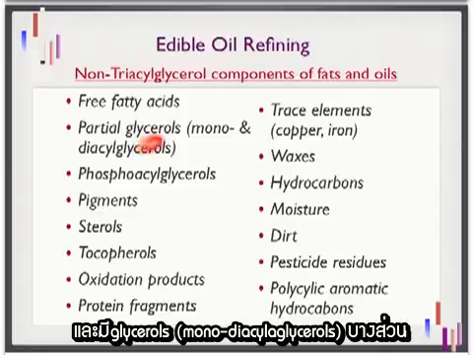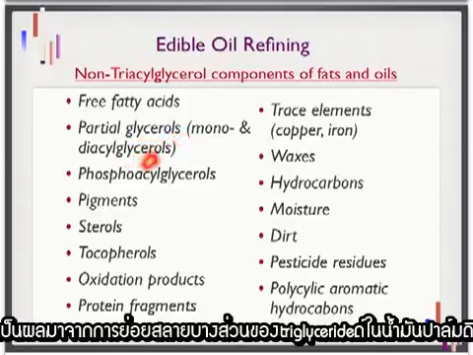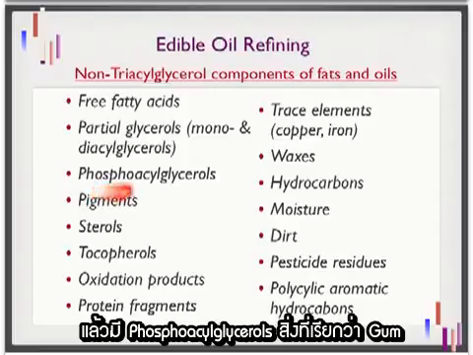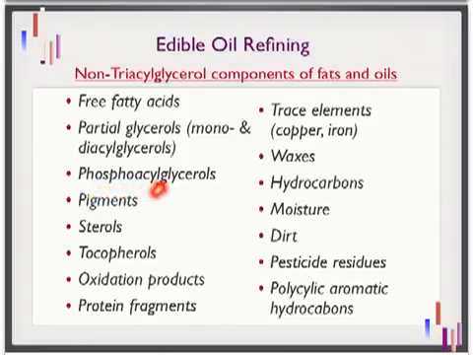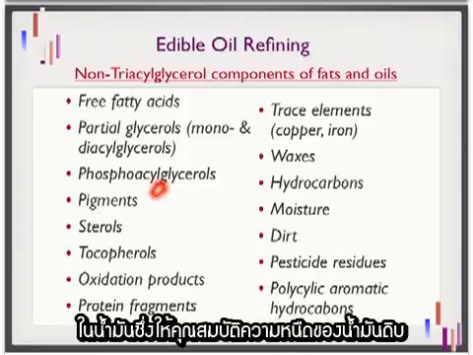And we have partial glycerols, mono and diglycerols, which are the results of partial hydrolysis of the triglycerides in the crude oil. Then we have phosphoacylglycerol or phosphatides. These are what we call gums in the oil, which give a viscous property to the crude oil.